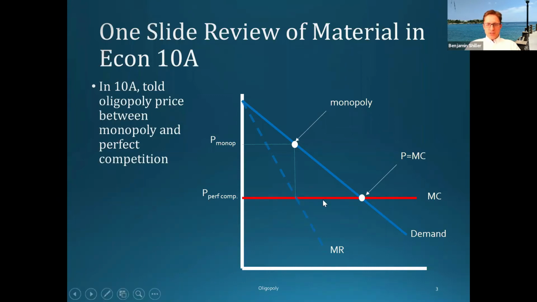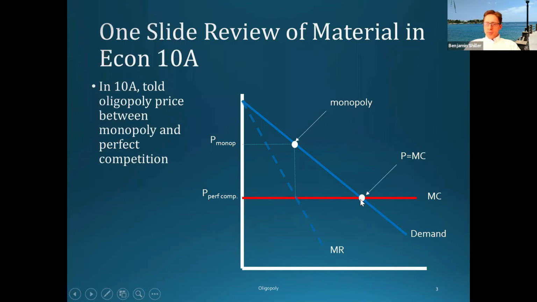So here's a flat marginal cost. Now we know in a perfectly competitive market, more firms will keep on entering until price is driven all the way down to marginal cost. So this is the price and corresponding quantity shown by the value on the horizontal axis that we would expect to get in a perfectly competitive market.